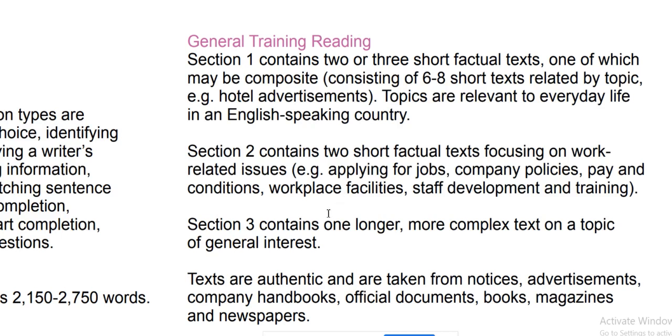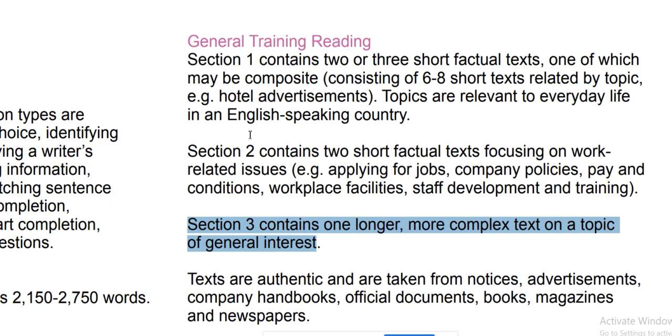And then section 2 contains 2 short factual texts focusing on work related issues. For example, applying for jobs, company policies, pay and conditions, workplace facilities. And in the third section, they contain 1 longer, more complex text on a topic of general interest. So this is the longest one, right? These others are short and sweet.